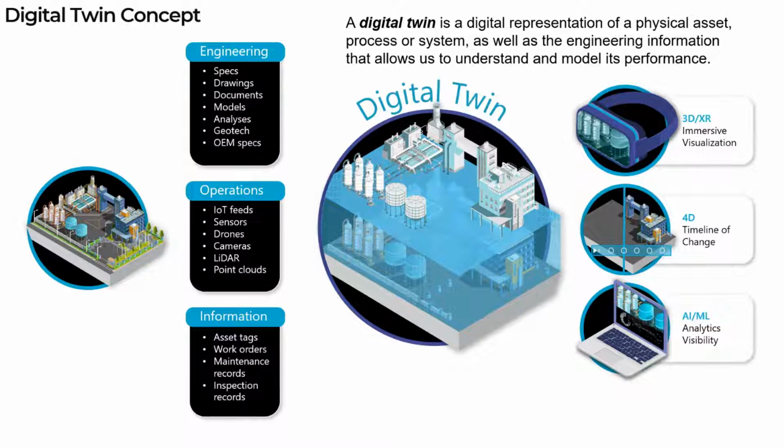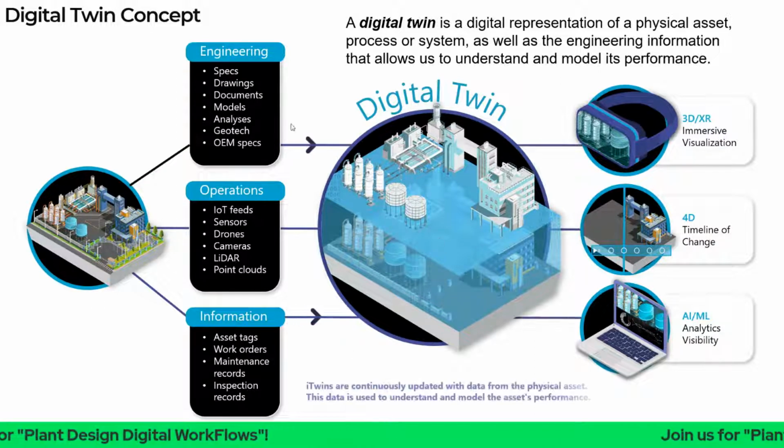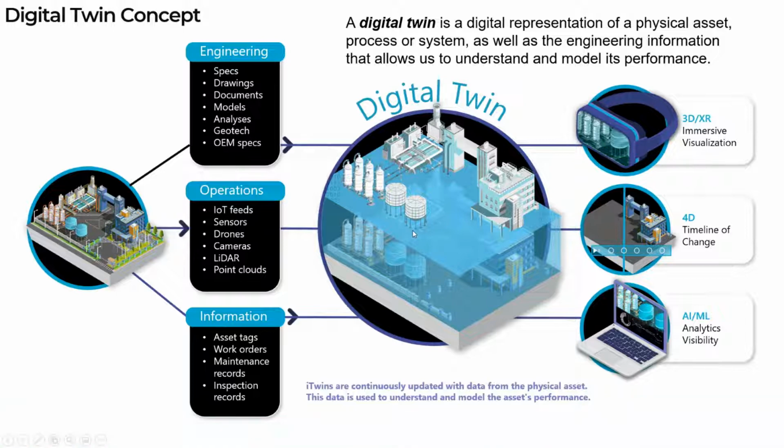This digital twin is also the combination of the engineering information, your operations information, the data that you get from the operations, as well as the information about your assets. So this will make sense. We need to make sure that your digital twin is up to date and continuously updating so that you can use it for further usage.